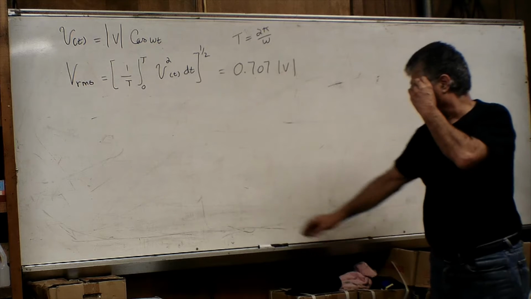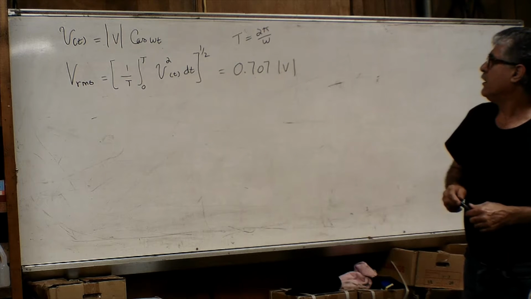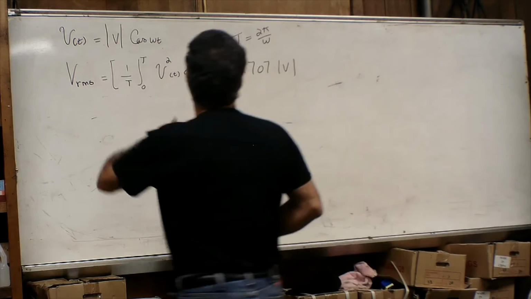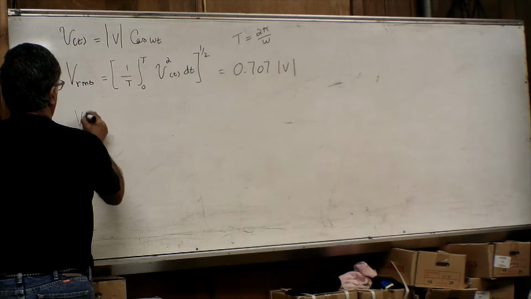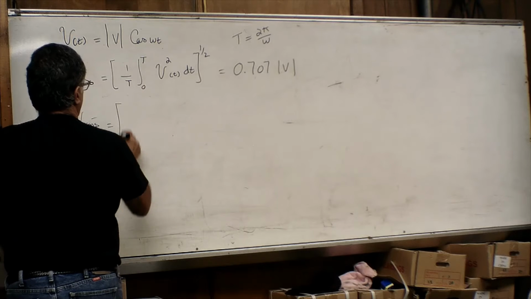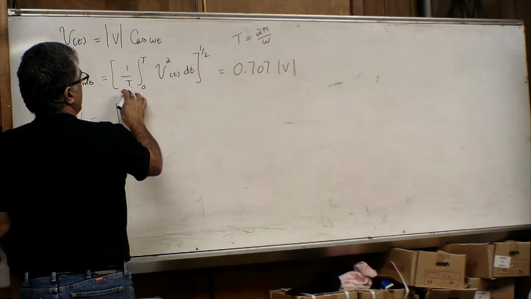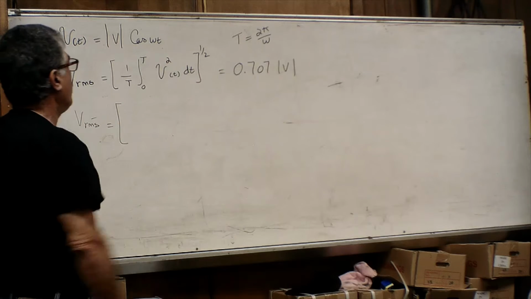So let's see where he's getting stuck. Let's go ahead and plug these values into this relationship. Here, the root mean square can be written as, instead of the period, we put 2 pi over omega.